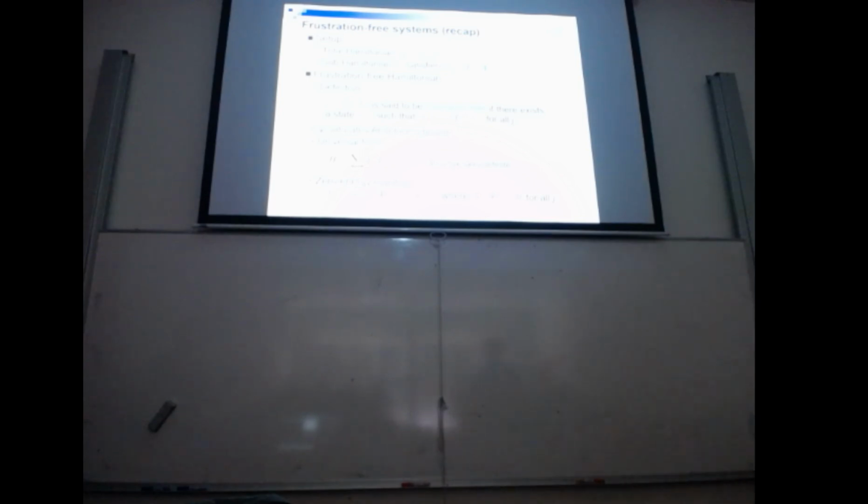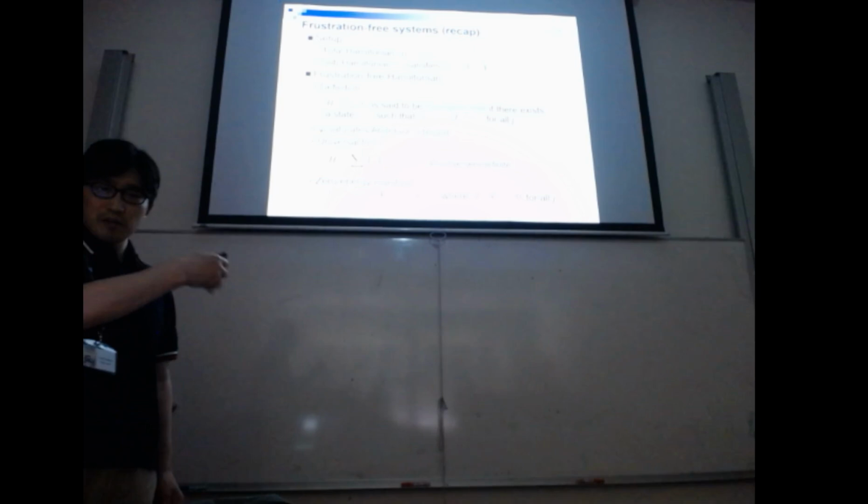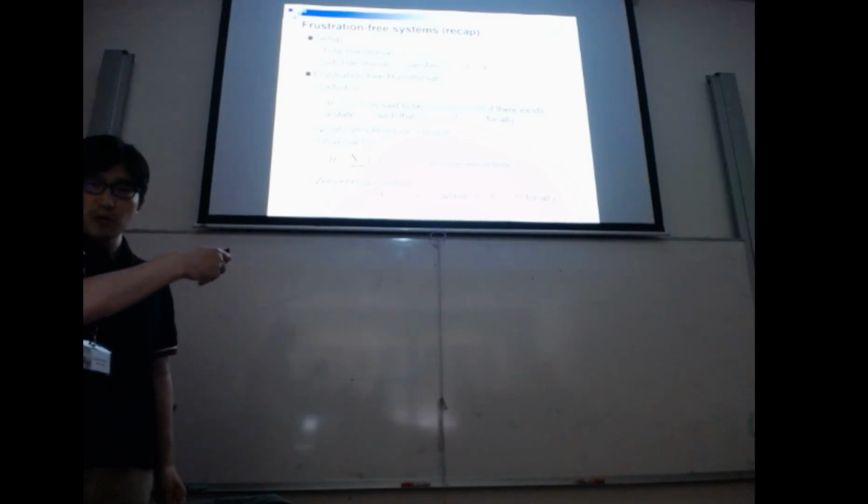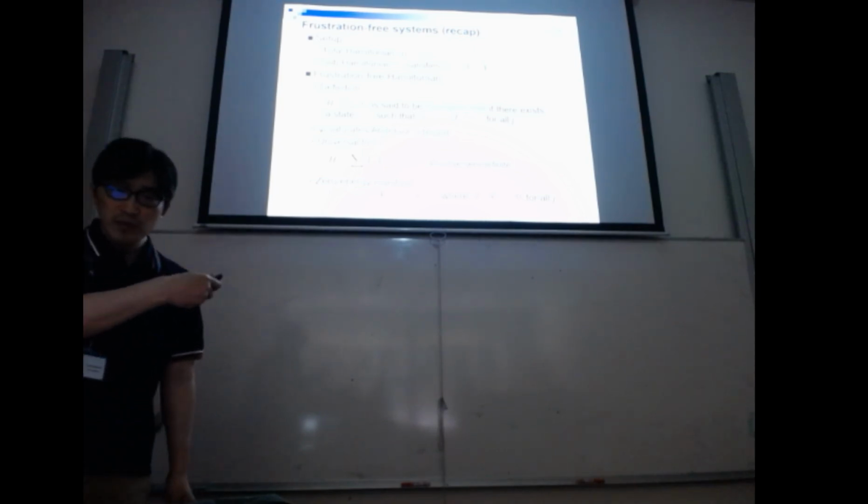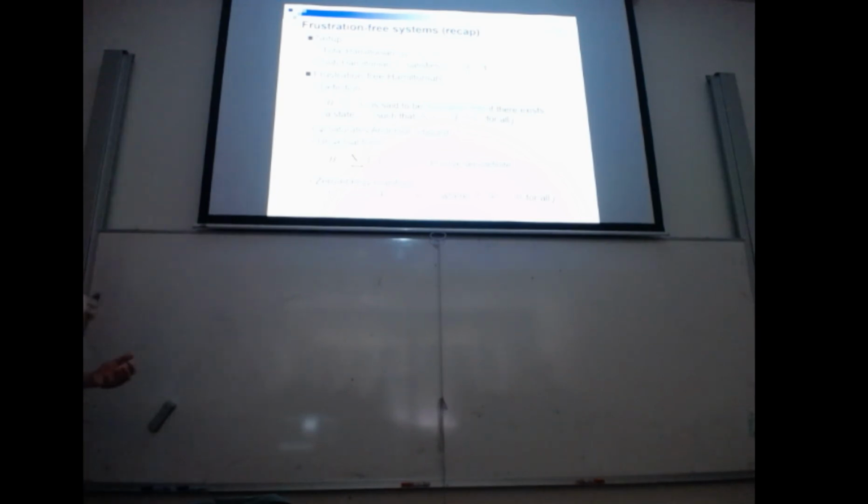This Hamiltonian, which is a sum of h_j, is said to be frustration-free if there exists a state psi such that h_j psi equals e_j^0 psi for all j. I mean, this literally means this psi minimizes each local Hamiltonian independently. In other words, this state psi saturates Anderson's bound.